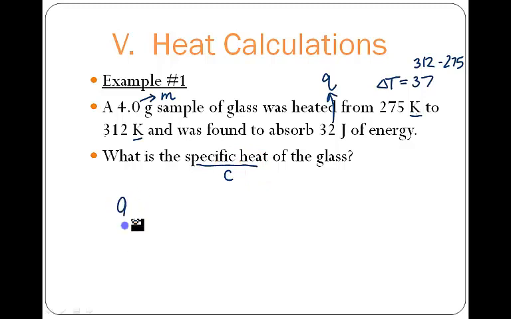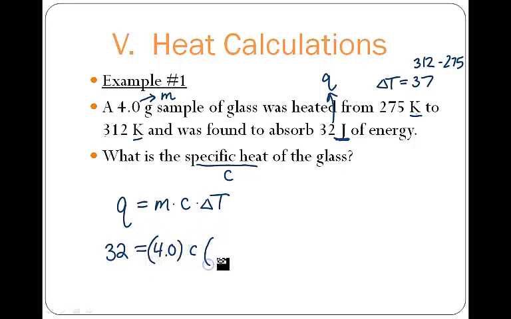So we'll set up our equation, Q equals M times C times delta T. At this point, you can drop your units out, but keep in mind that the joules are going to affect the units on our answer. So we've got 32 equals 4.0 times C times 37.